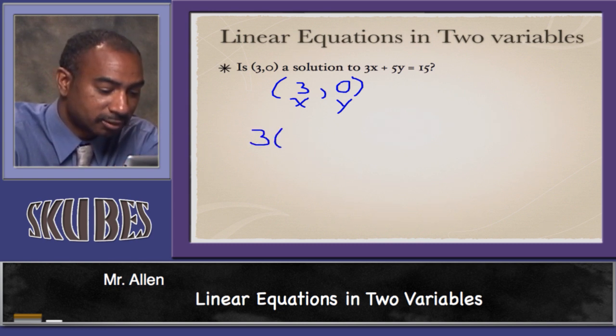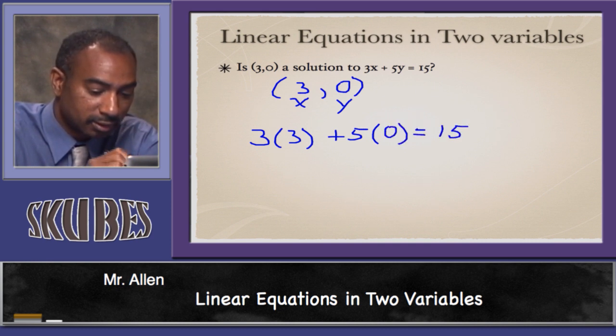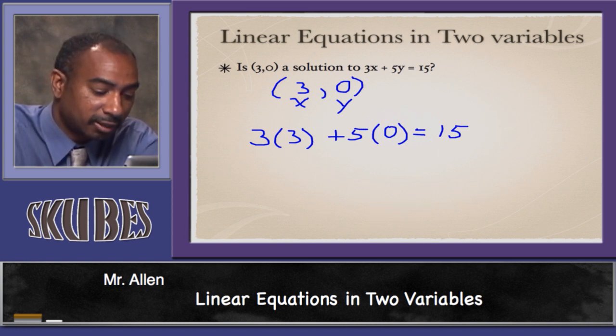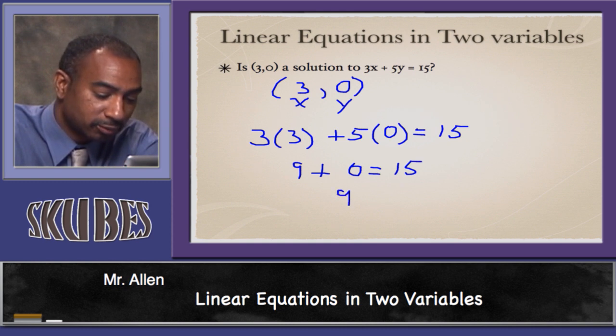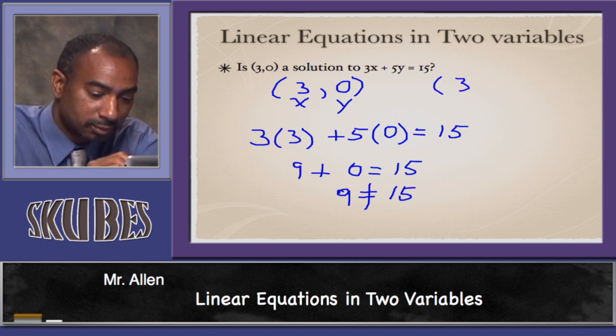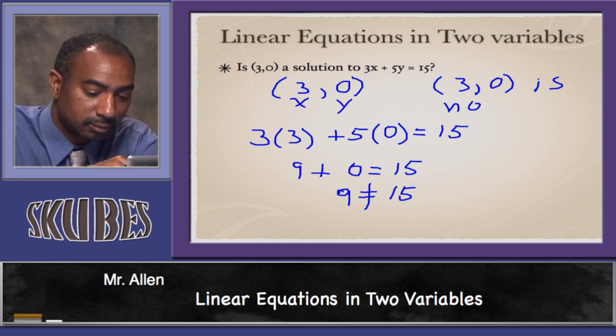So instead of 3x, I'm going to put 3 times 3 plus 5 times, well, the y coordinate is 0, so 5 times 0 equals 15. It has to make a true statement. Using the order of operations, you multiply first, then add last. So you have 9 plus 0 equals 15. This tells me that 9 equals 15. That's false. So this is not a solution. In other words, that point is not on that line.